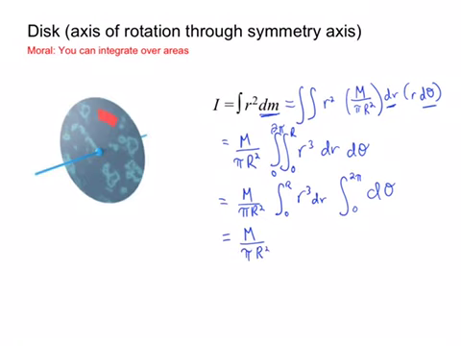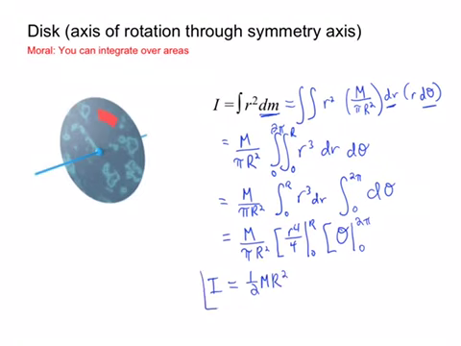Our first one for the r differential ends up being r to the 4th over 4, evaluated from 0 to R, times the other integral, which will end up being just theta, evaluated from 0 to 2 pi. When you evaluate those at the limits, we end up with I equal to 1/2 big M times big R squared. So there's your moment of inertia for a disk.